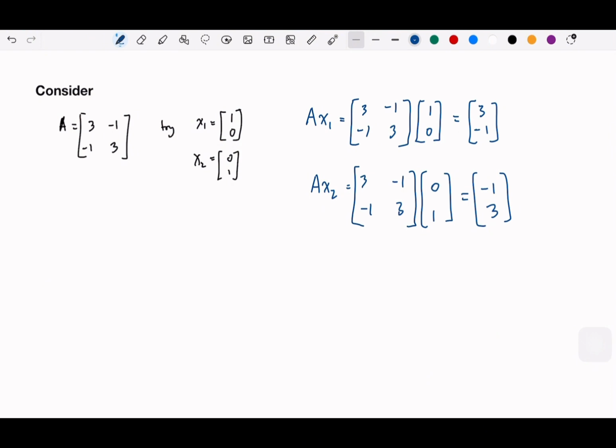But what if we try another x3, which is [1, 1]? Let's multiply.